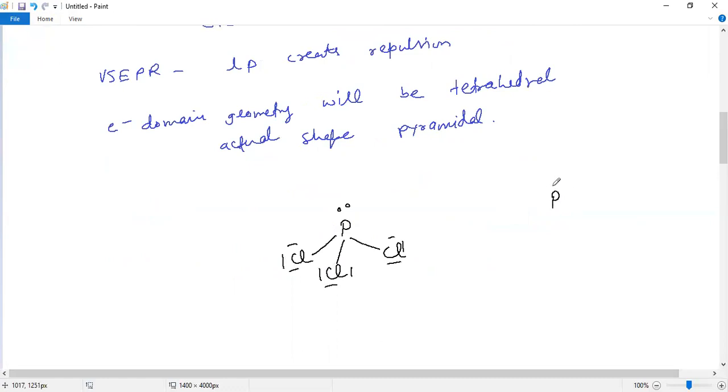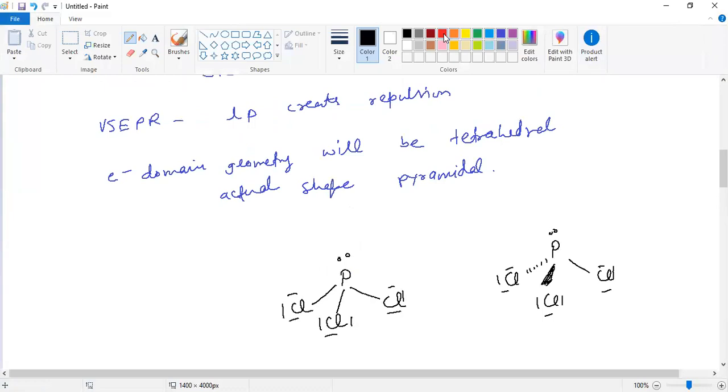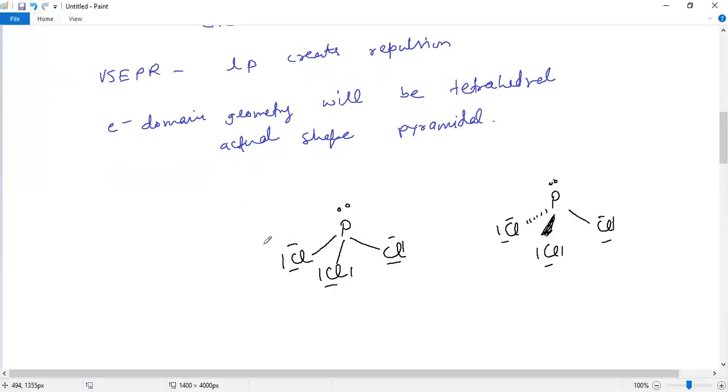This molecule can be represented in 3D format also, something like that. It's the same structure. We call this structure pyramidal as it looks like a pyramid, hence called pyramidal.